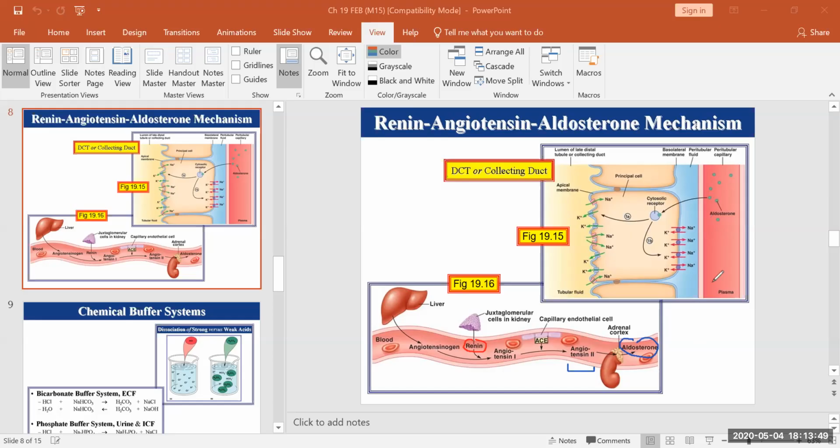And this is the mechanism of aldosterone here. Aldosterone is a steroid hormone, so it's fat soluble and goes straight into the cell. There's a receptor here. When aldosterone binds to its receptor, it induces more protein synthesis. So it induces the cell to produce more sodium channels and more potassium channels, and it increases the flux of sodium and potassium, right?